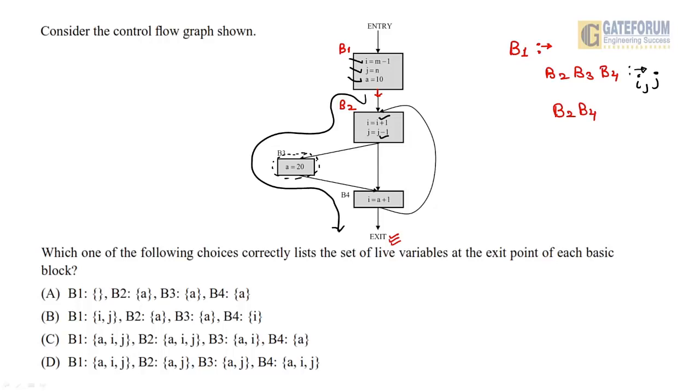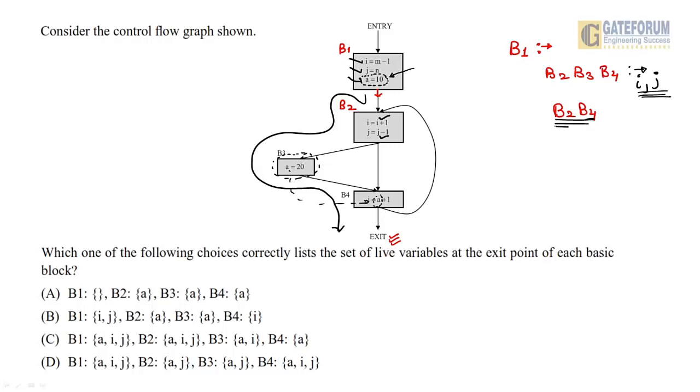If value of A is modified, so the value in the block B1, that value is modified without using, means that A is dead. Okay, because the definition of A is recreated in B3 before using that definition. We can say that here B4 used the definition of A, but it used the updated definition. So we are talking about the variable A that is in B1. So it is dead in this particular path.